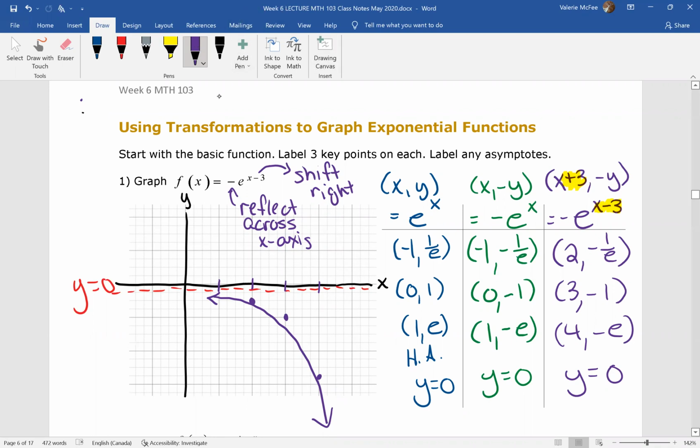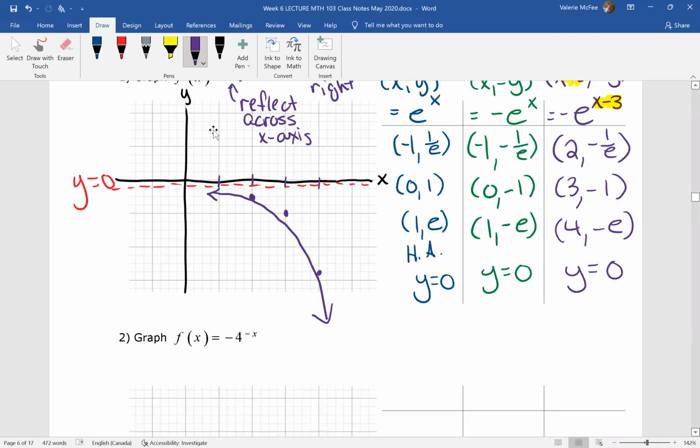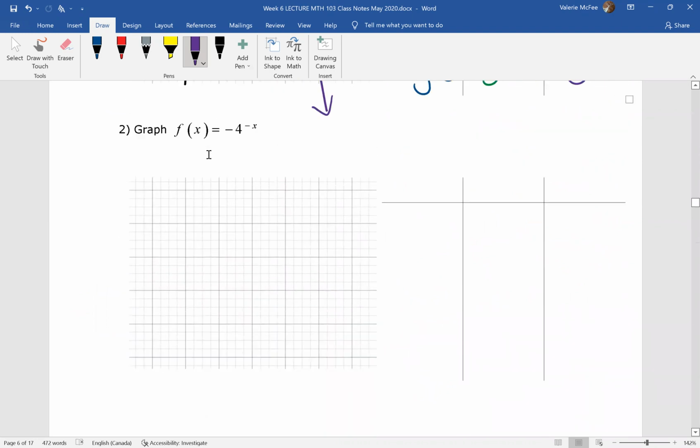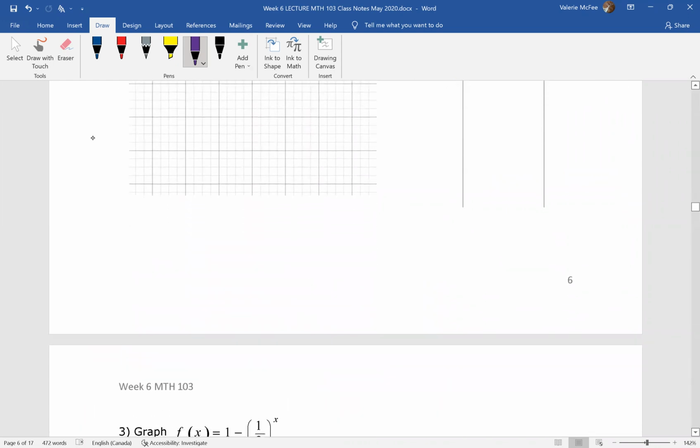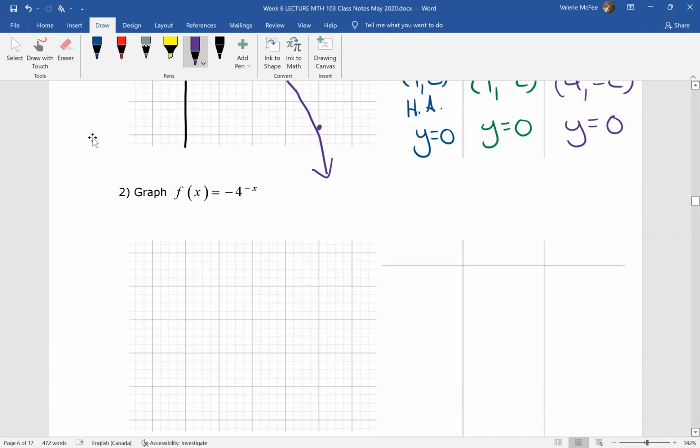Let's try another one. Okay, why don't you write down the key points for 4 to the power of x.